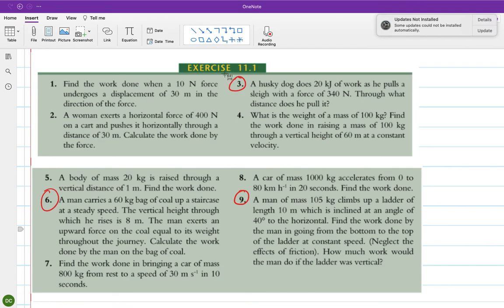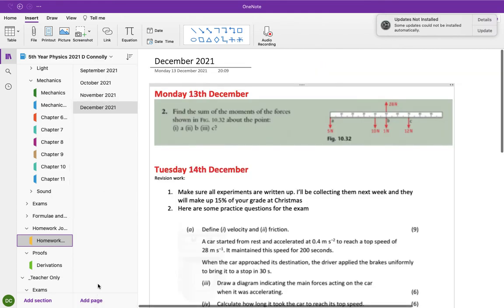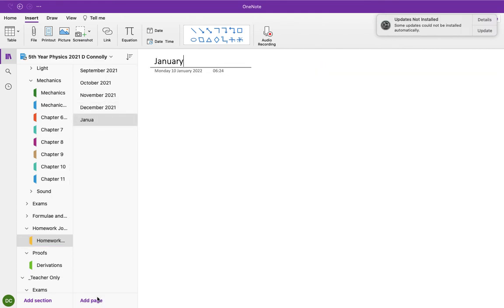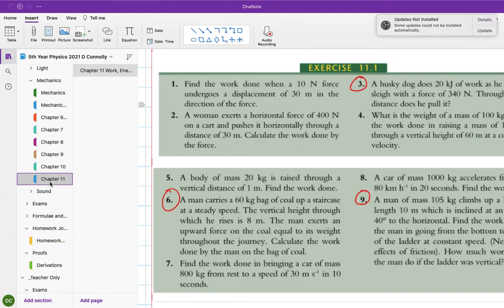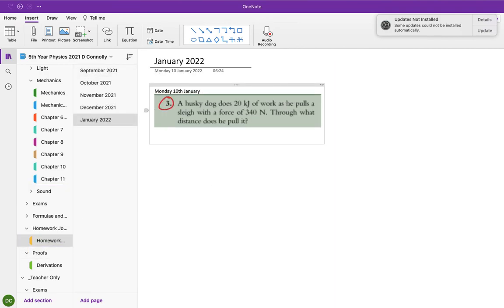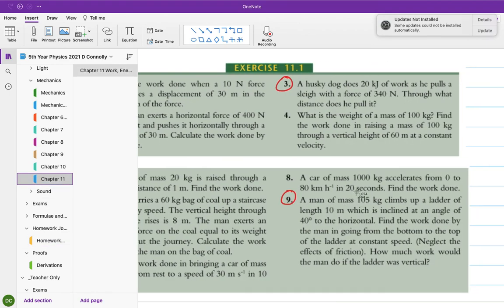Didn't plan that. I'm going to put these into the journal. So these are in the journal. You can give them a go, and when you're done, throw them onto the assignment on Schoology.